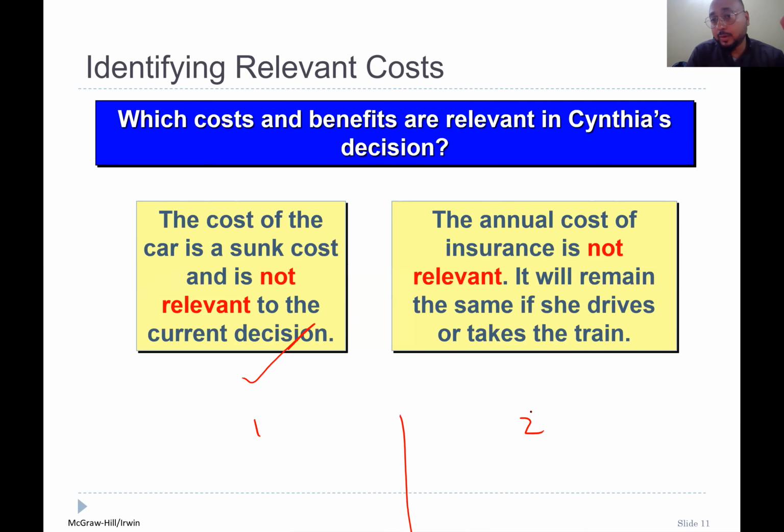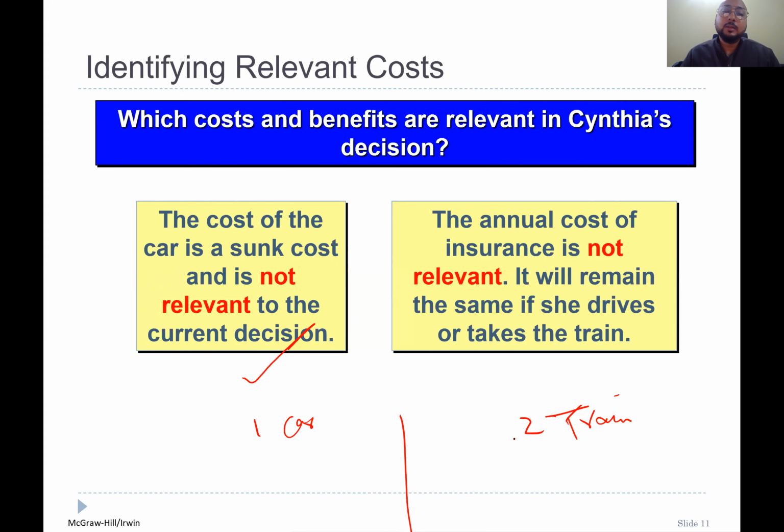So, for example, we have two alternatives here. This is by car, by train, right? She owned the car before, she already has the car. Whether she goes by car or by train, the question didn't mention that if she goes by train, she would sell the car. The car is still with her, right?